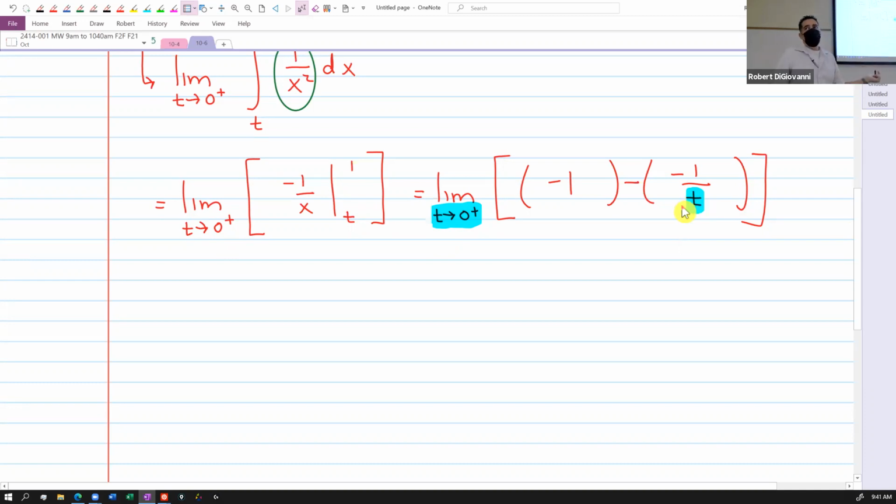Okay, but at the end of the day, does it converge? Is it going to a number? Infinity can't count, right? It has to be a fixed number. It doesn't head to 5, doesn't head to -10. It's going to infinity. So this does what then? It diverges. This goes to negative infinity. At that point, the whole thing diverges.